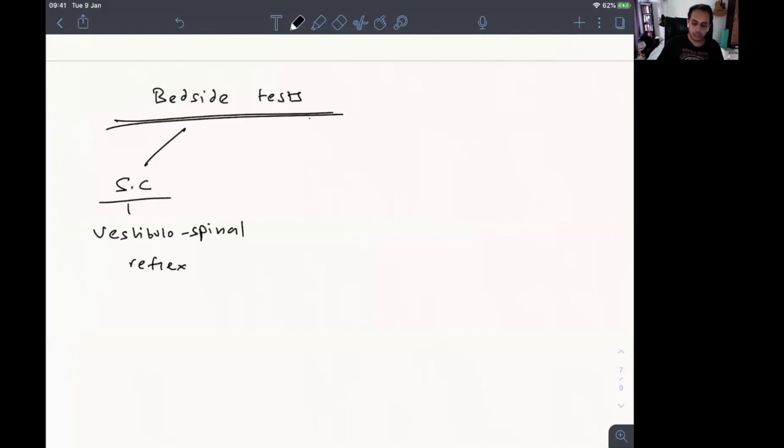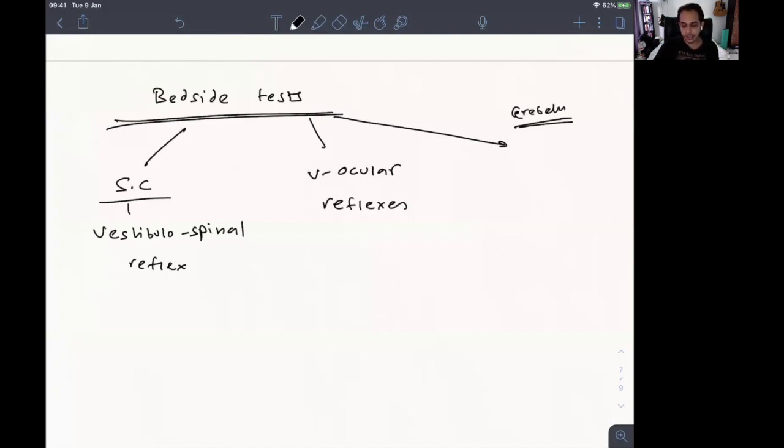reflexes. You check for connections of the vestibular system with the eye, so vestibulo-ocular reflexes. And you check for connections with the cerebellum, and part of that is nystagmus, so you check for nystagmus.